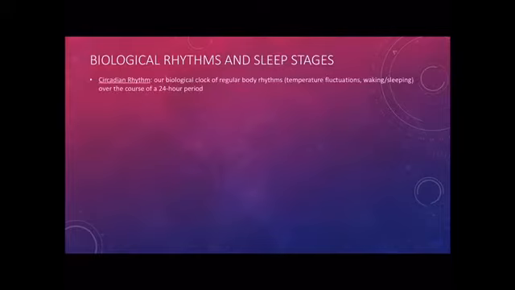Okay. What you want to know about your circadian rhythm is that it is your general 24-hour cycle. And all of your body rhythms are regulated by that. So your temperature, when you wake, when you go to sleep, and when you feel hungry, anything that happens regularly over the course of a 24-hour period. This is the reason why, on the weekends, you may want to sleep in, but you might find yourself waking up at the same time as you would for classes.